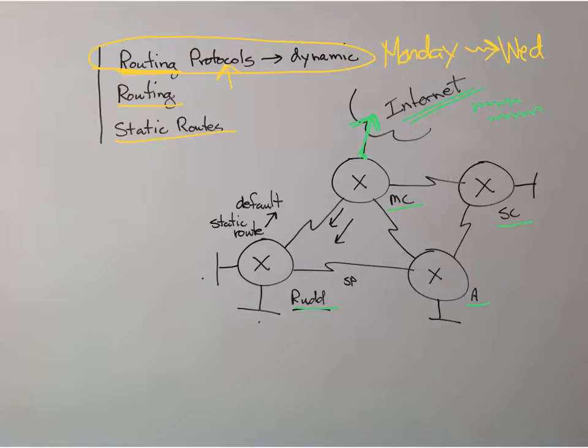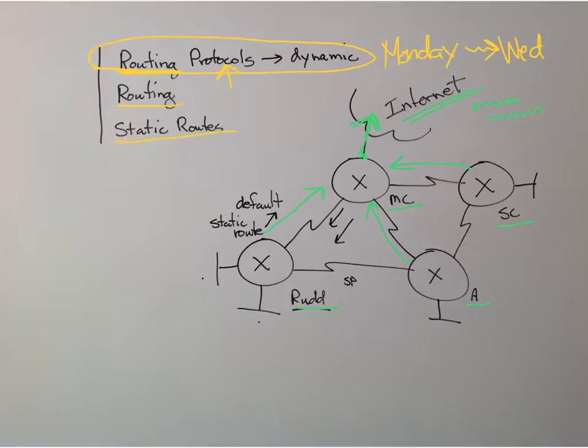Now, to save some traffic, this router here, for example, we can set up a default route going to this network. This one can have a default route going to this network, and this one can have a default route going to this particular network, or router I should say.